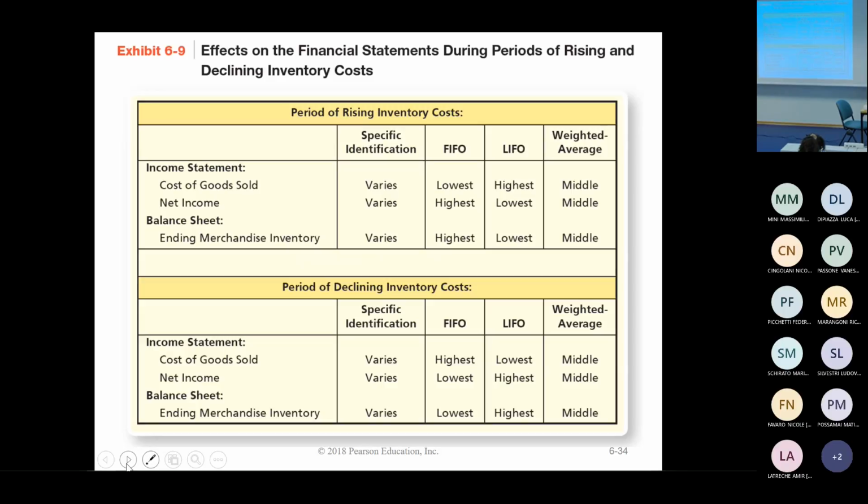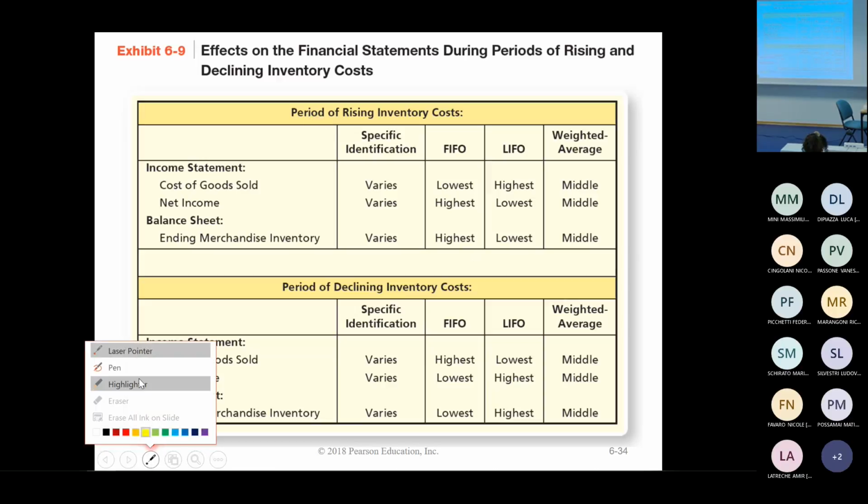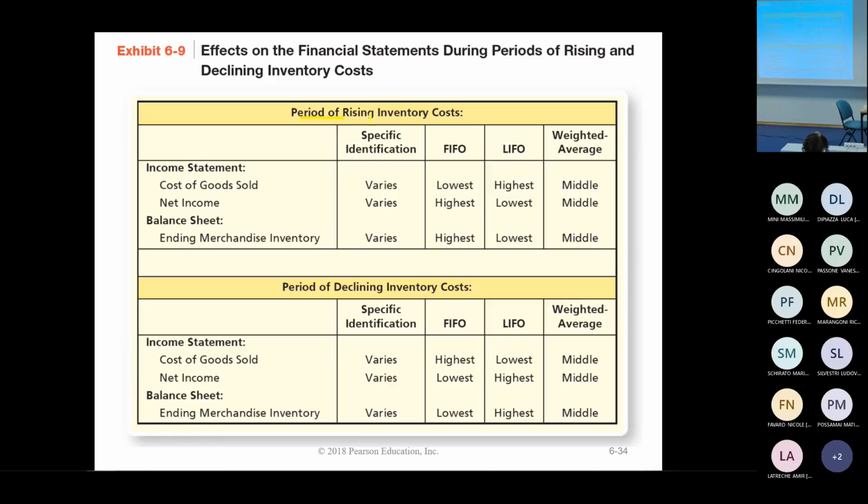Here you have just a summary of the different effects. Clearly, these effects will be different depending on whether the costs are rising or declining. So you just need to revert everything: when prices are declining, you get the opposite effects.